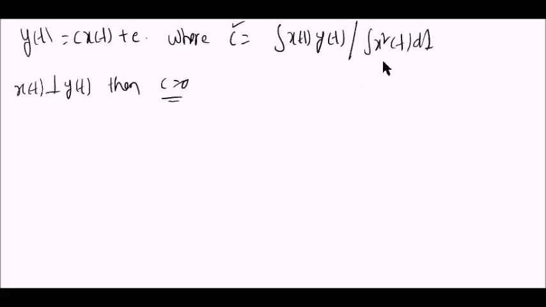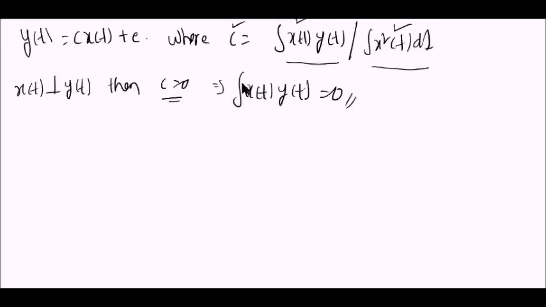If you see here, there are two factors: one is the integral of x of t and y of t, and the other is the integral of x square of t dt. This is a finite value, so it cannot be 0 or infinity. So the only remaining thing is the numerator, so this has to be 0. If c equals 0, then the integral of x of t and y of t will be equal to 0. From this we have understood that if x of t and y of t are perpendicular to each other, then this integration will be equal to 0.